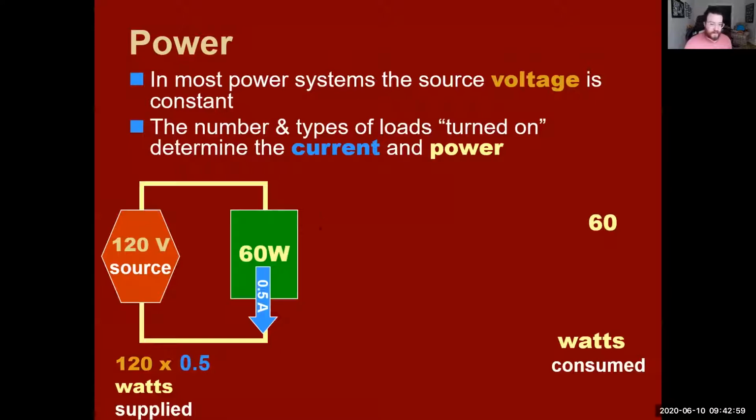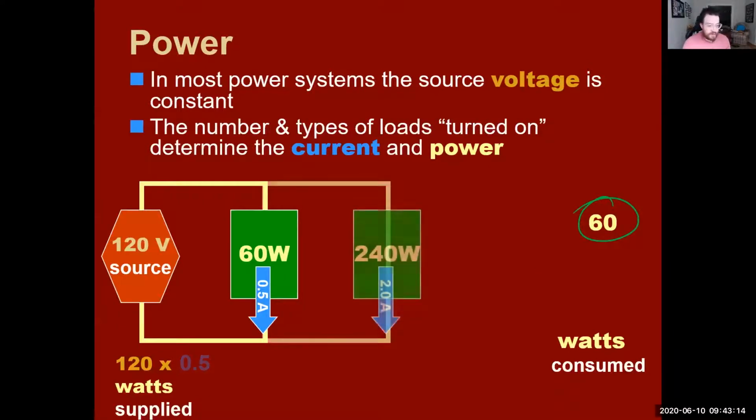So right now, if we have a 60 watt consumption, we have 120 times 0.5 amps, and we get 60 watts consumed. If we put in a 240 watt load, it's 120 times 2 because we have to add how many amps are going through.